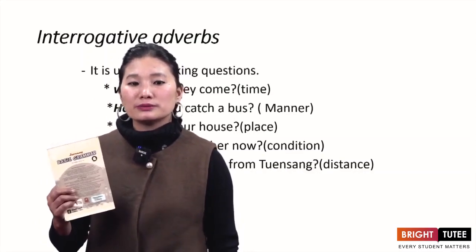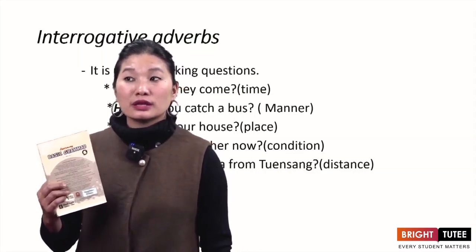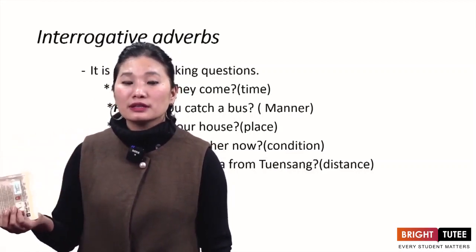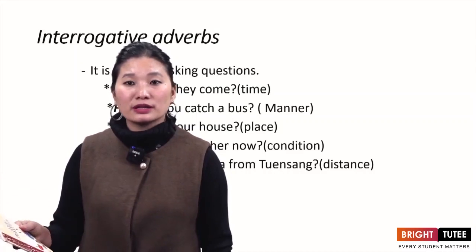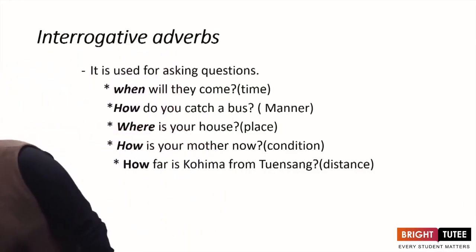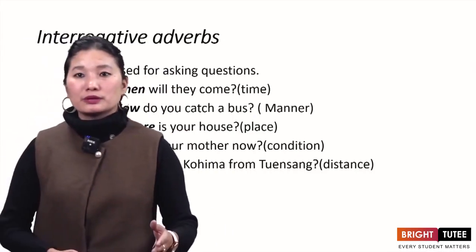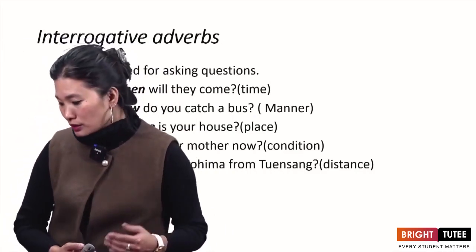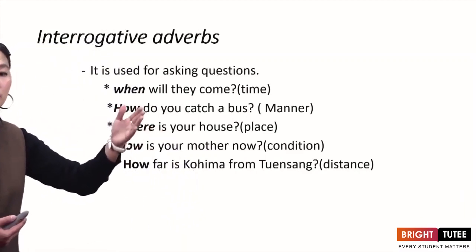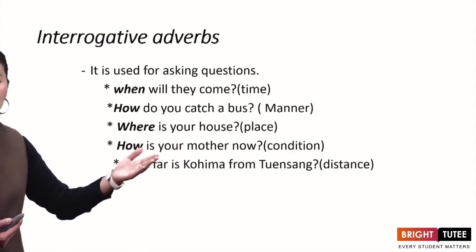That is also a question word, but that cannot be an interrogative adverb, because though it's asking a question, it is not related to an adverb. That is what we have understood. And here, interrogative adverbs are used for asking questions which are related to adverbs.